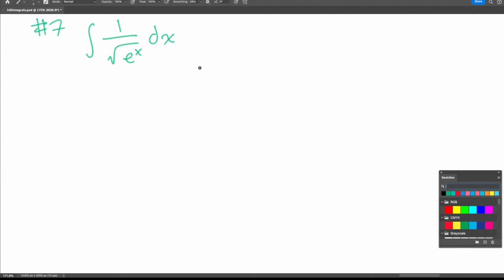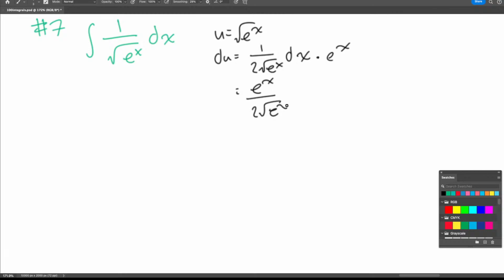Now, what can we do here? Well, first, u could equal square root of e to the x. However, that would pose a challenge because du would equal 1 over 2 root e to the x dx. And then we have to do the chain rule. So this would also be multiplied by e to the x. We put e to the x over 2 root e to the x. And that is nothing but square root of e to the x over 2.